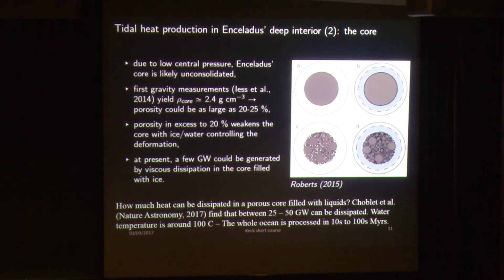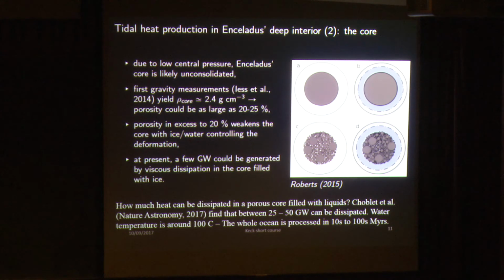In a paper which is coming out, led by Gaël Choblet, in Nature Astronomy, sorry for my French, this year, we find out that you can produce as much as 25 to 50 gigawatts just by the deformation of these aggregates in the center of Enceladus.